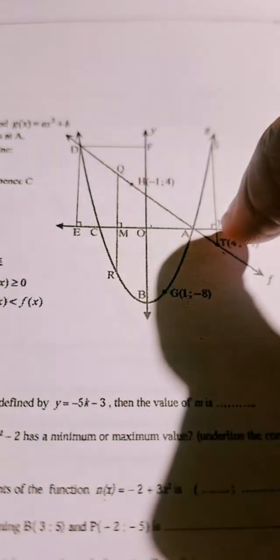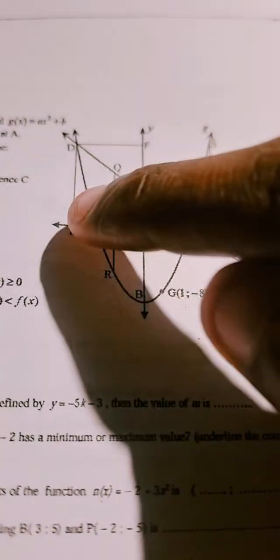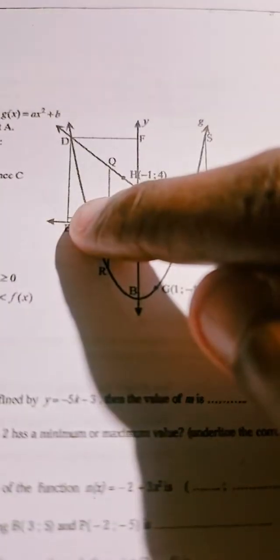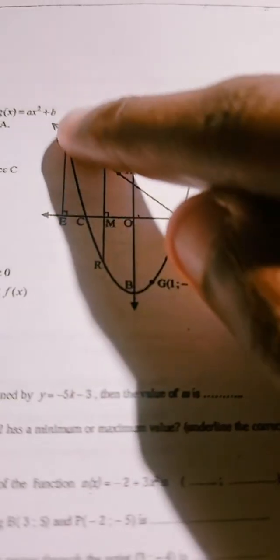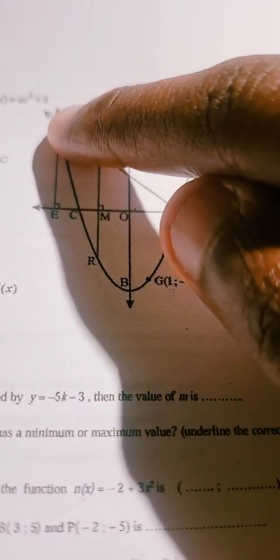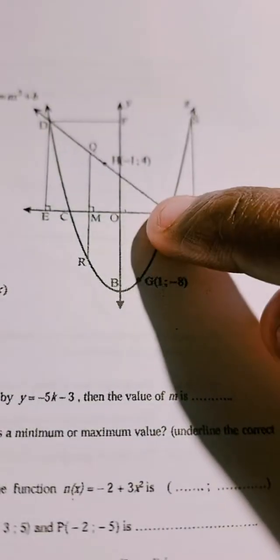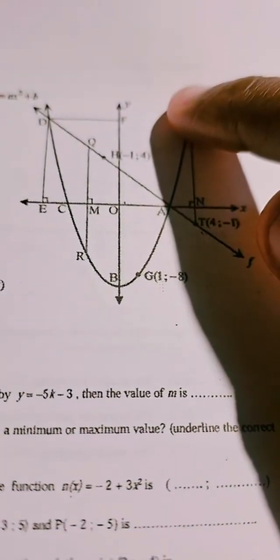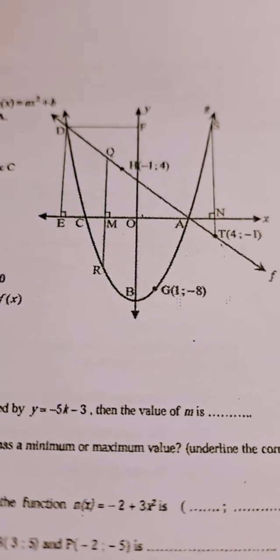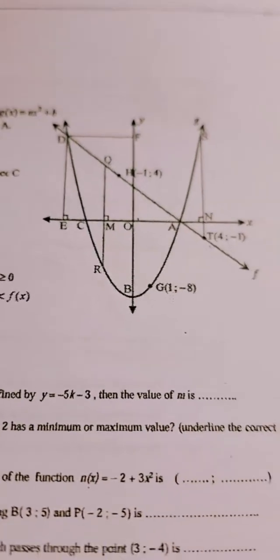On the x-axis is at 3 and at negative 3. At 3 and at negative 3 they are on. But x less than or equal to negative 3 is above and on. X greater than or equal to 3, that's where the function is above and on. So there are two answers.